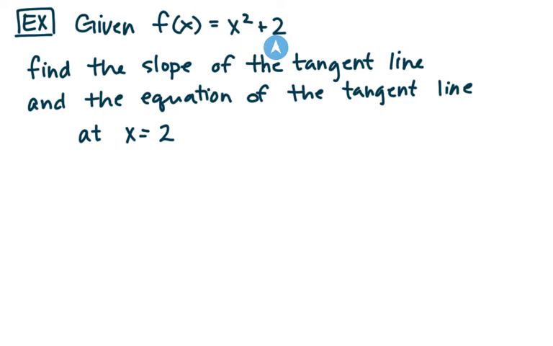F of x equals x squared plus 2. We're going to determine both the slope of the tangent line, which we've defined is the derivative at that point, as well as the equation of the tangent line. And the point of consideration in this case is 2, or our a value is 2.